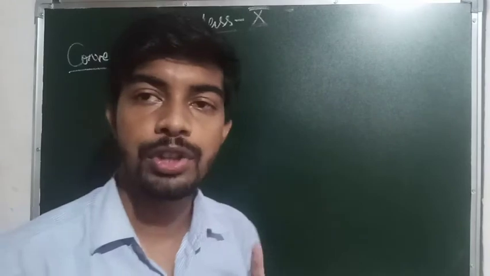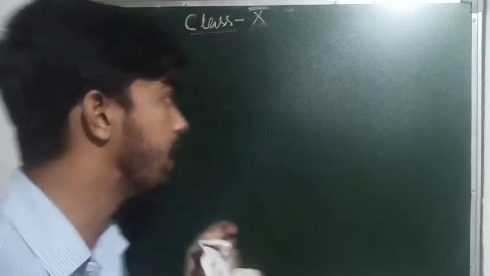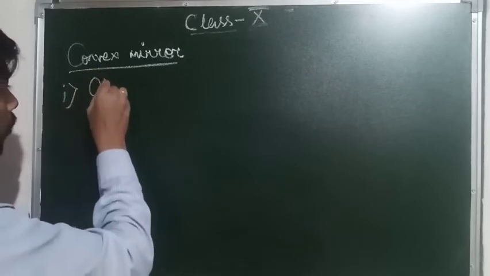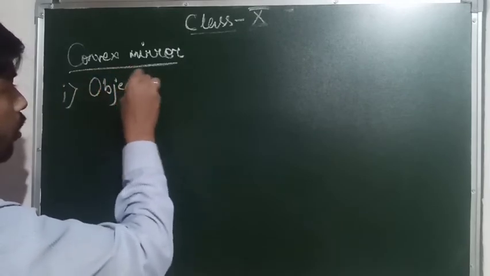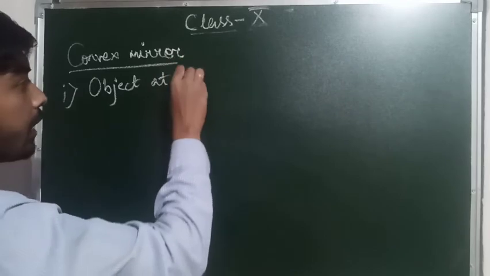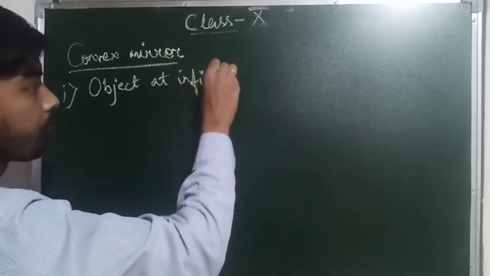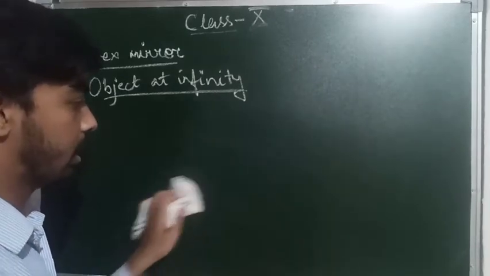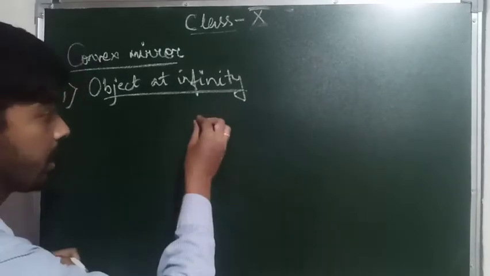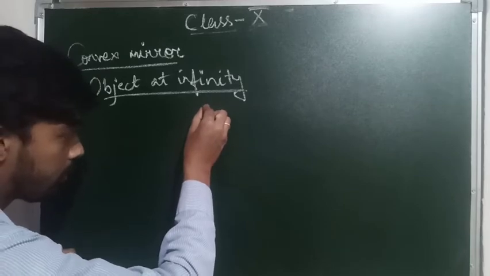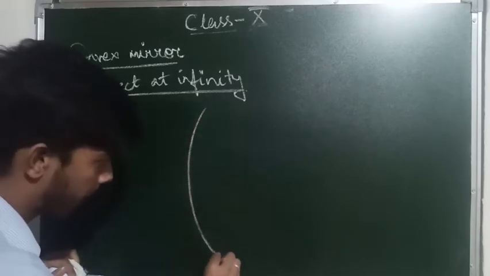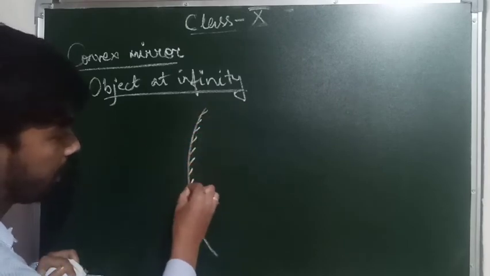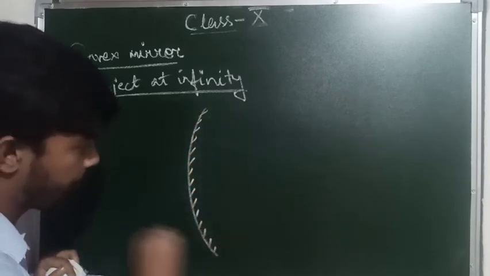Number 1, when the object is at infinity. While drawing the ray diagram, we first make the curve of the mirror. This is our curve and this part will be the shaded region.